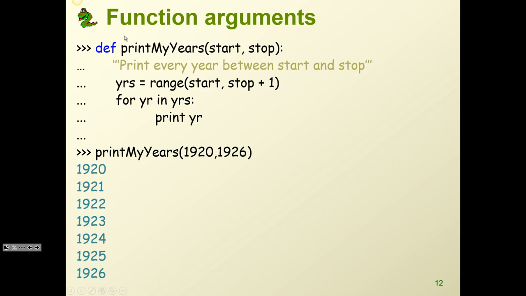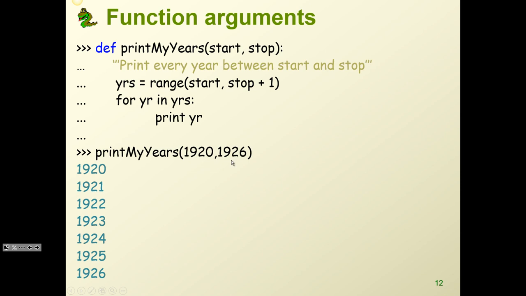Here's an example of our silly printing years example, but with more sophistication. In this case, it takes in 2 parameters, right? A start and a stop, and then it uses them inside of the function. So down here, notice inside the parentheses, what's the term I used for this line of code?